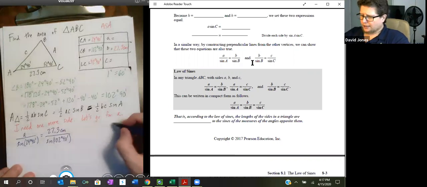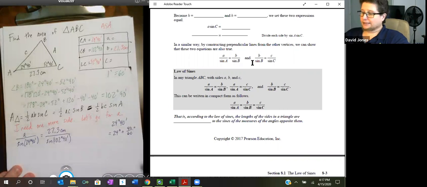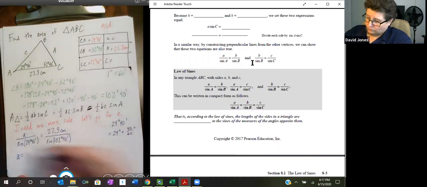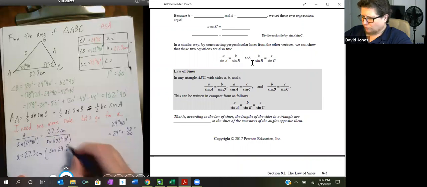So when you're doing it, that 24 degrees, 40 minutes is 24 degrees plus 40 divided by 60 degrees, which is 24.6 repeating.